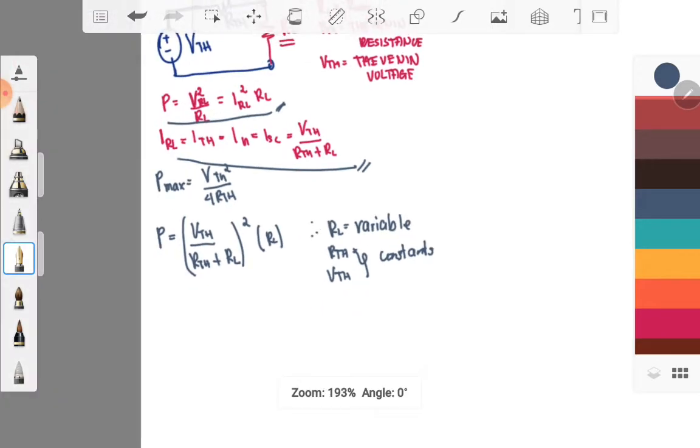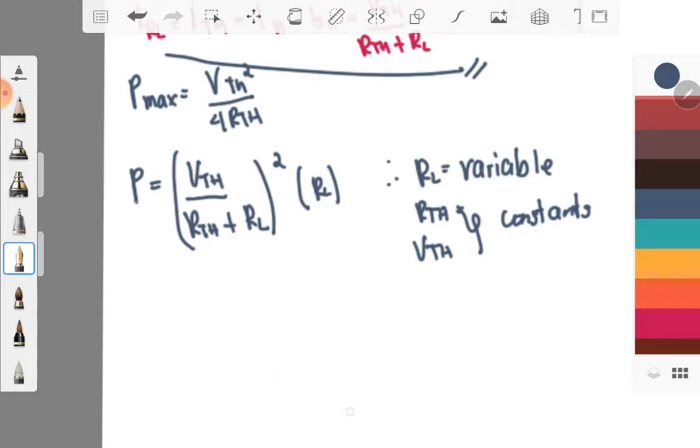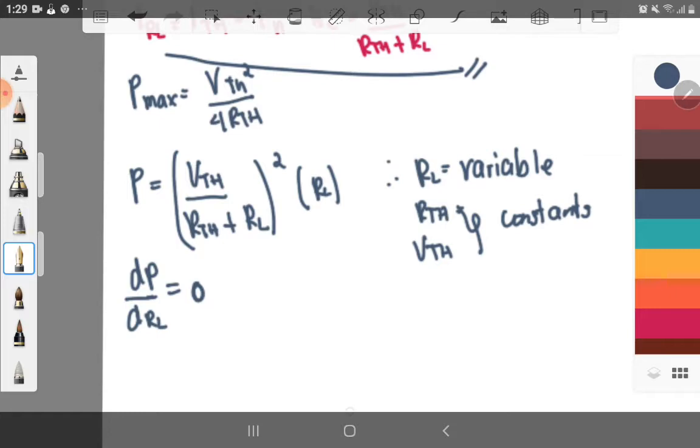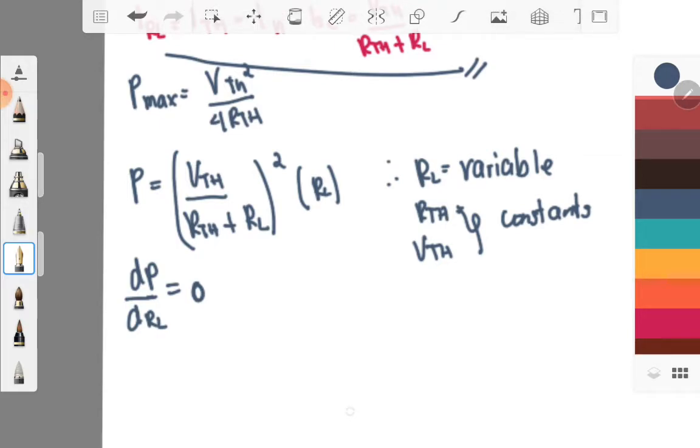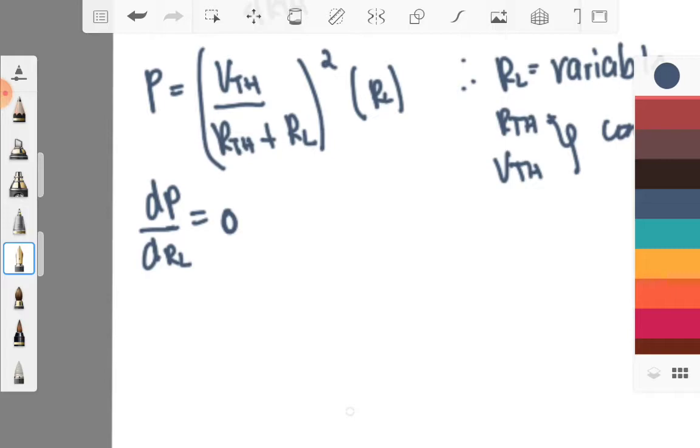So in order to get the value of your Pmax, we learned that you will get the derivative of your P with respect to your variable RL, dRL, and then we will let this value equal to 0 in order to get the maximum power transfer, right?